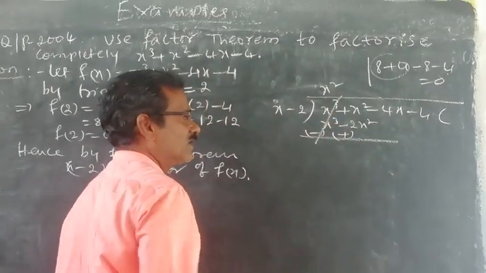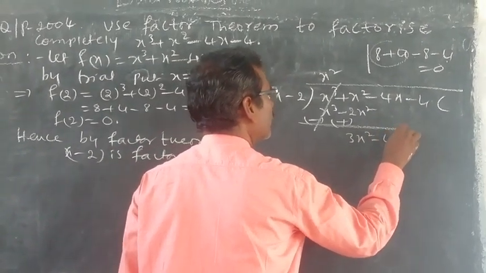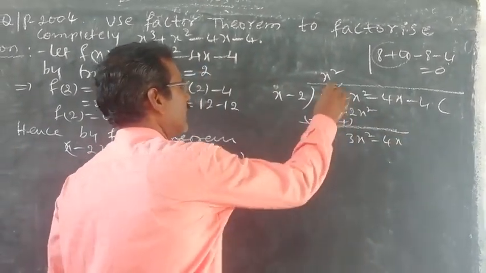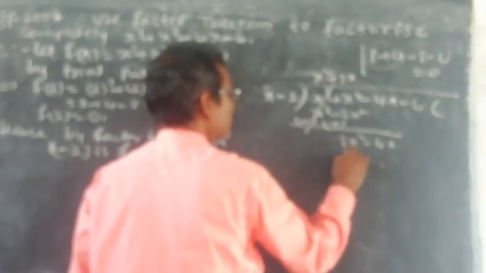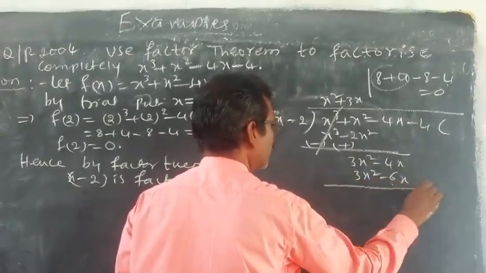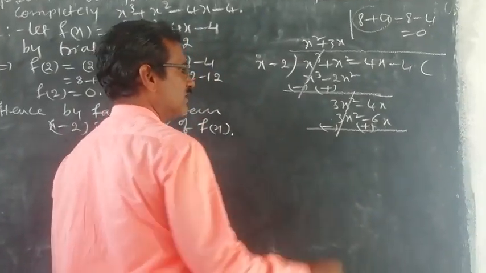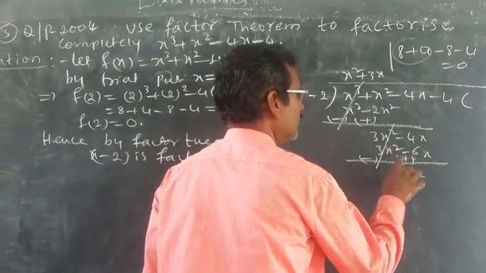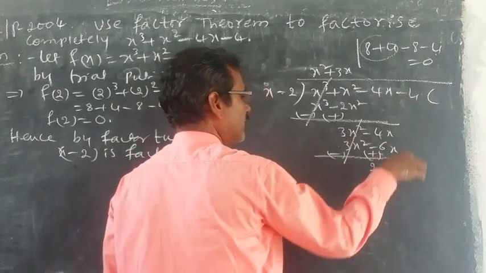These two will get cancelled. Plus 1x square plus 2x square is 3x square, minus 4x.